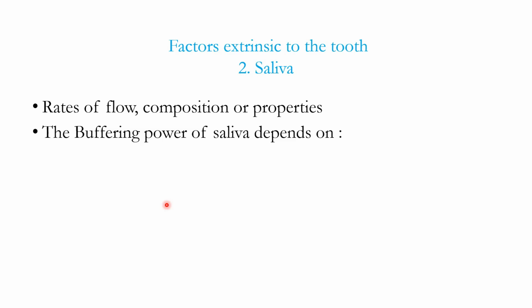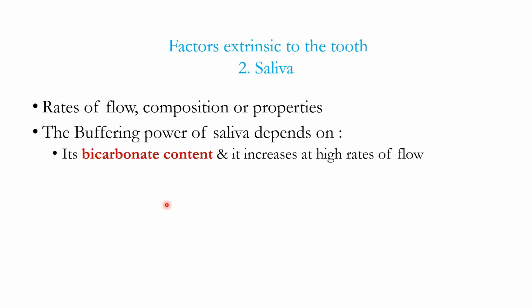The rate of flow, composition, as well as property of saliva also has an important role. If the salivary flow rate is good and if the consistency of the saliva is watery, then there is a low incidence of caries. But if the salivary flow rate is reduced and if the saliva is viscous, then that causes an increased incidence of caries.